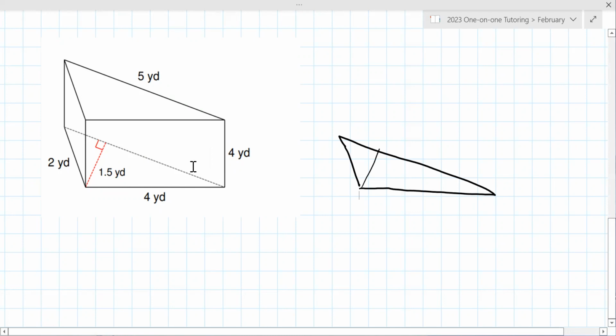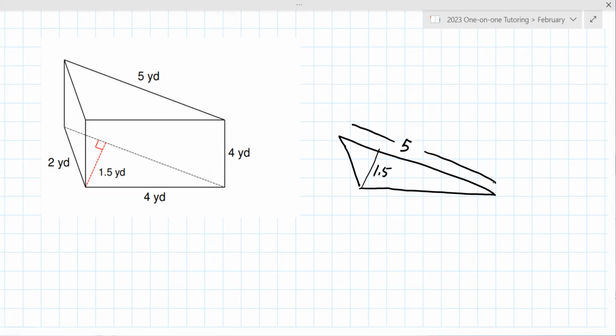What is the base of this? 4. Would it be 4 yards? 4 is this along here, so we want actually this 5. Oh, okay.